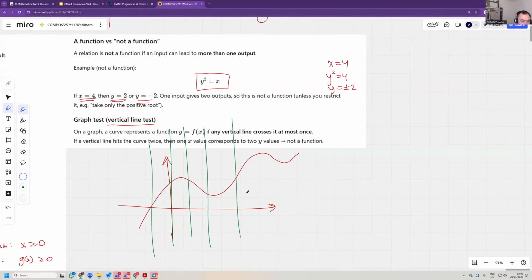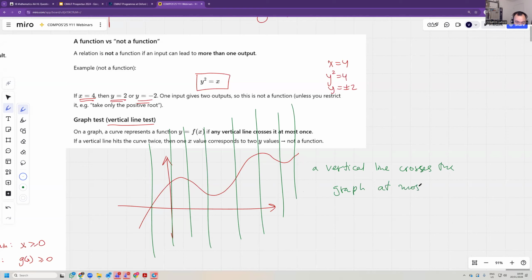Wherever you draw them, any vertical line crosses the graph at most once. So it is a function.